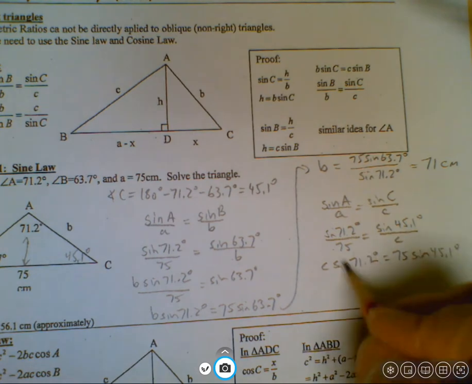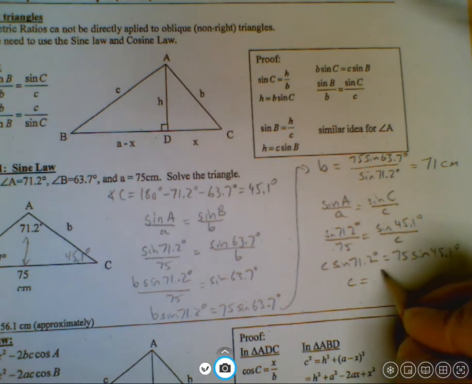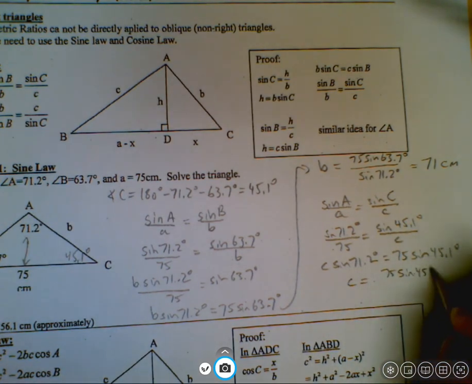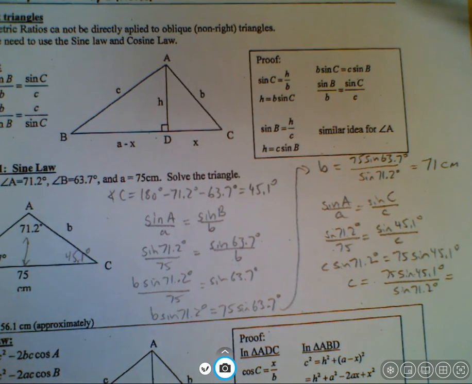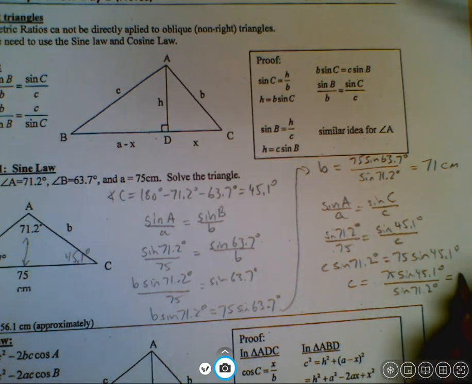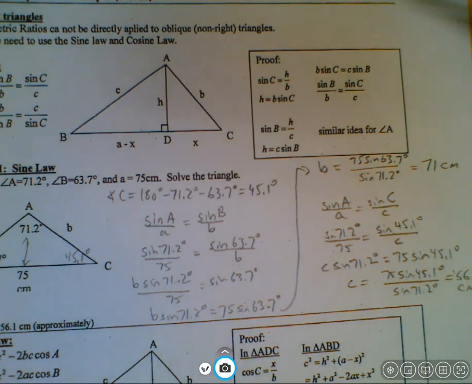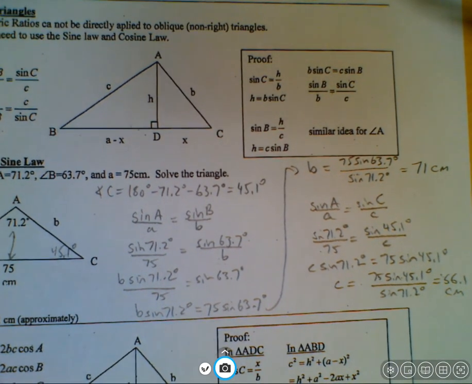Divide both sides by this number: c equals 75 sine 45.1 degrees over sine 71.2 degrees. And that right in the calculator, all in one line: 75 sine 45.1 divided by sine 71.2, about 56.1. Okay, and so there you have the sine law.